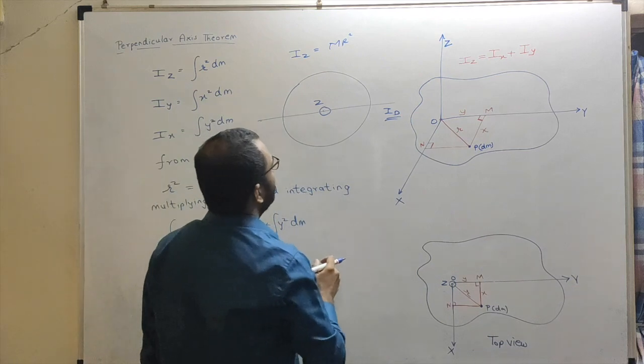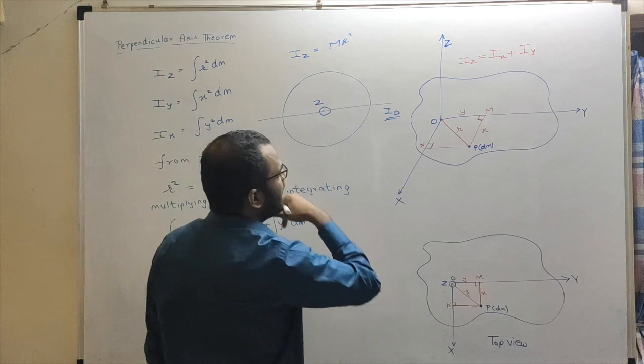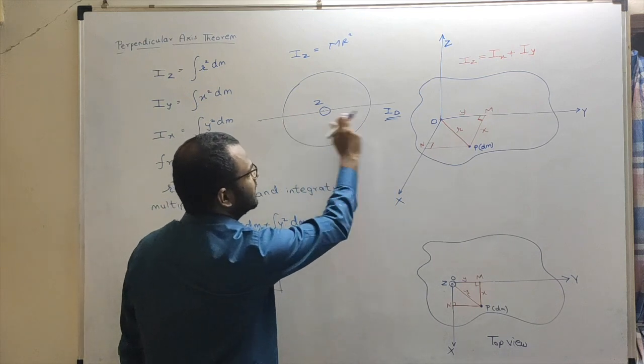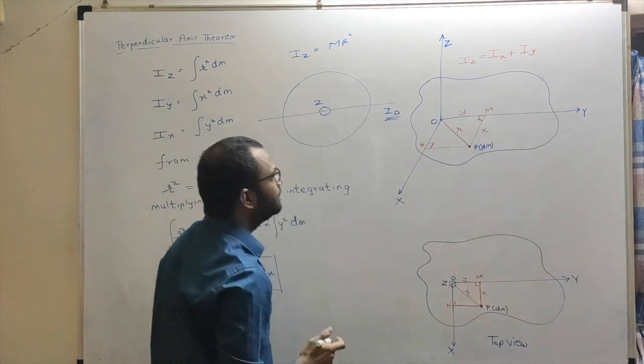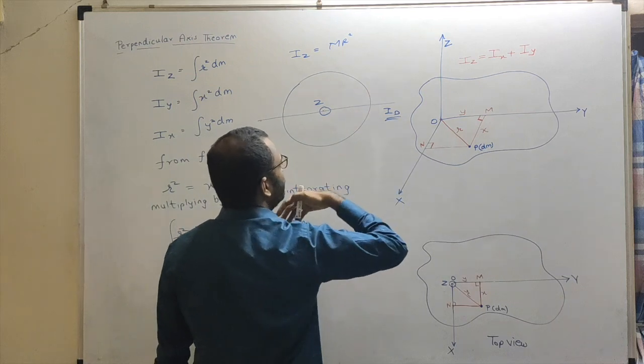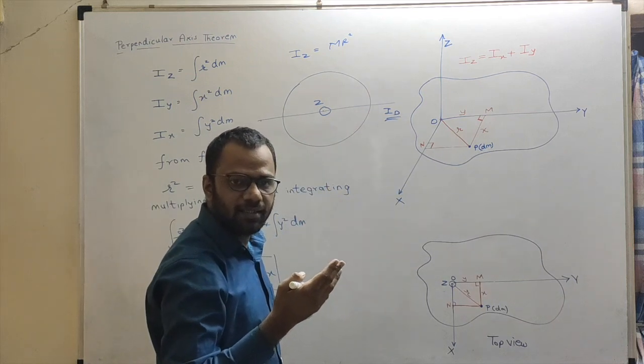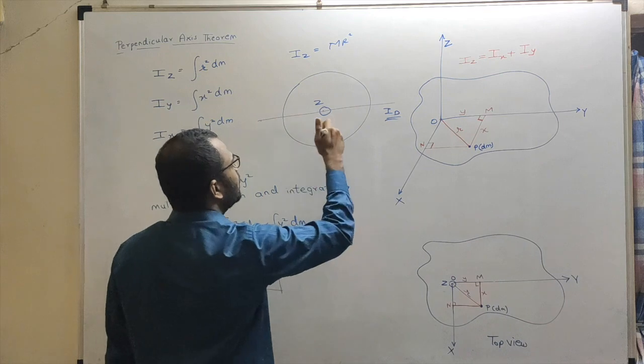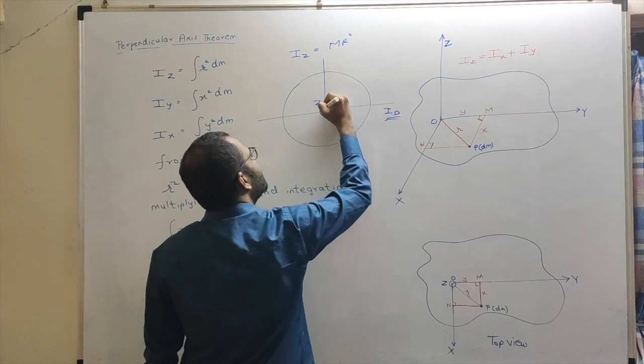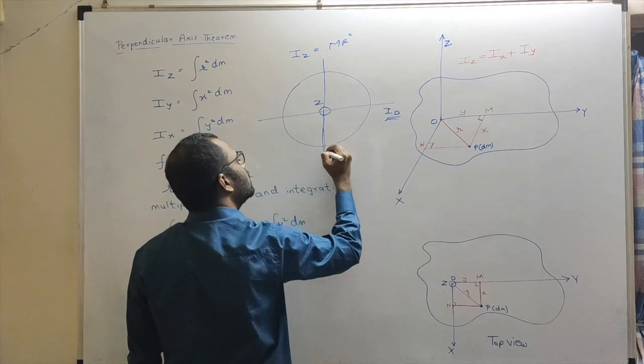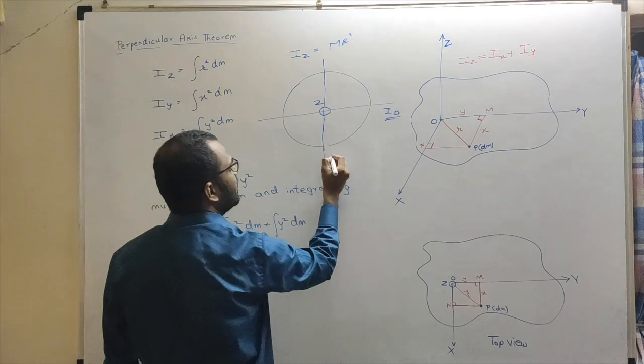Now we know that Iz is equal to Ix plus Iy. This can be said to be Iy. Now we want one more axis along the plane perpendicular to both of them. So this is another axis. Since this is also passing through the diameter, even this will be ID.